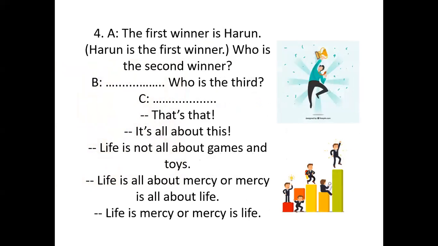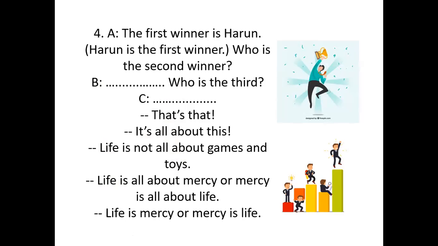Let's do this dialogue and then study the rest of the numbers. Dialogue 4A. The first winner is Harun, for example. The first winner is Harun, or Harun is the first winner. Who is the second winner?